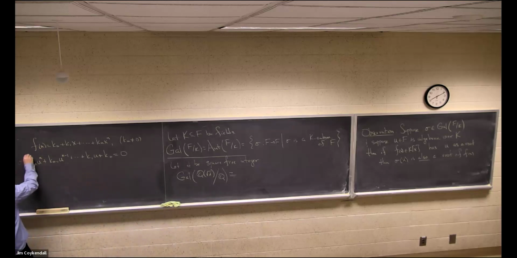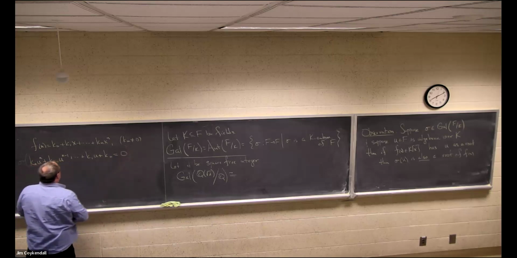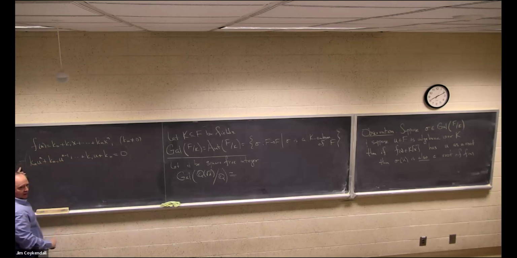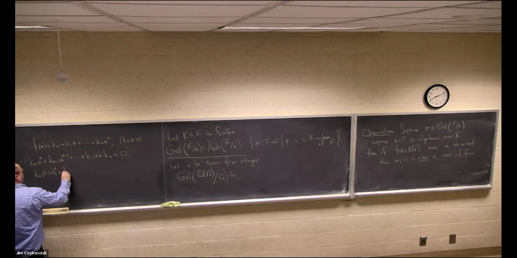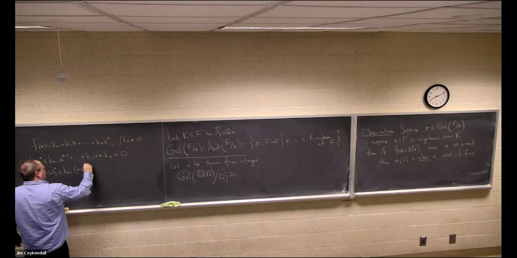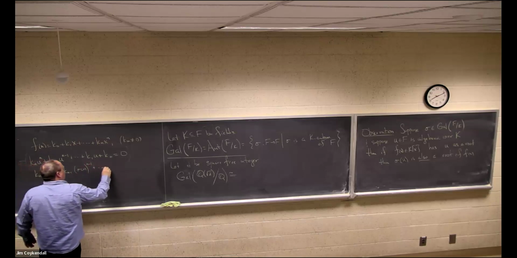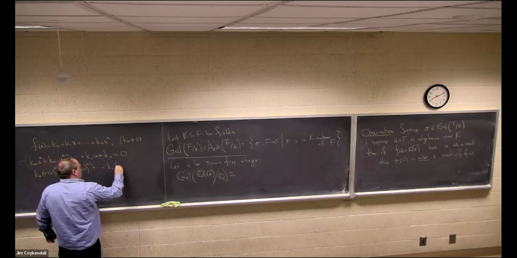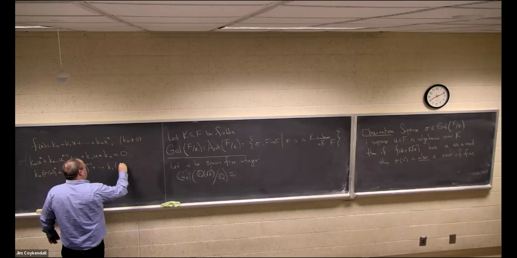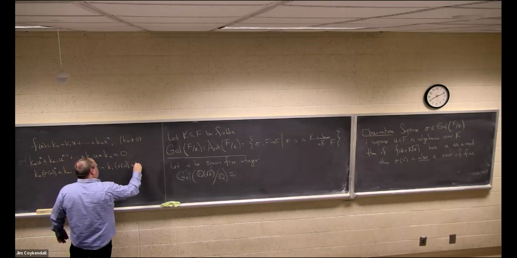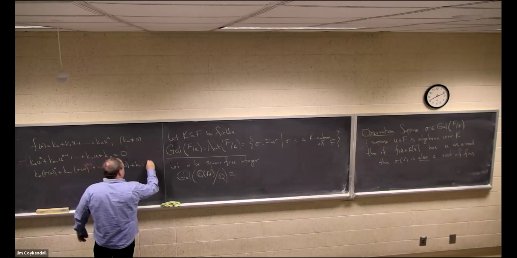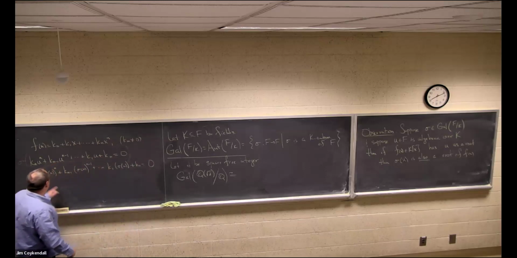Sigma is an automorphism and it fixes K, so liberally using the automorphism property, and of course sigma of 0 is 0.